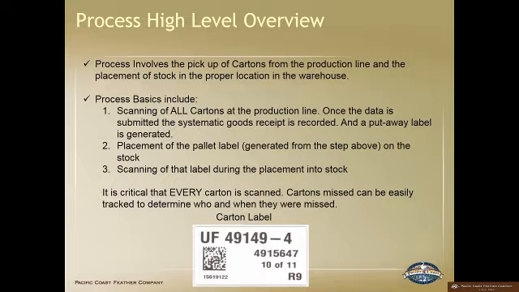To go along with that, a second logical step would be to place that label on the pallet. We should scan all the cartons off of the pallet, putting away a partial pallet or a full pallet, doesn't matter. We should scan each of those cartons and then hit submit at the end of each of those pallets.